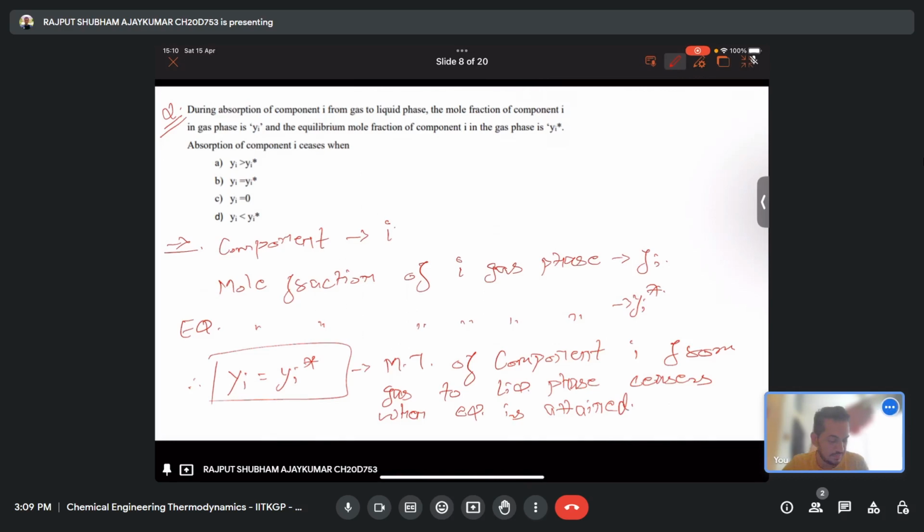That is, the transfer of mass from the gas to the liquid will stop when the mole fraction of component i in the gas phase equals the mole fraction of component i in the equilibrium phase. That is, yi equals yi star. So the correct answer is B.